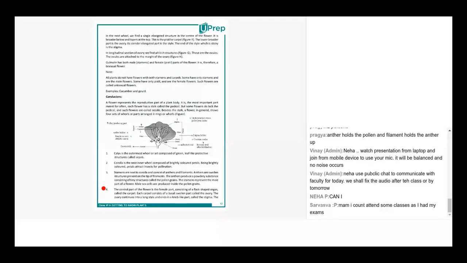Calyx is the outermost whorl or set composed of green leaf-like protective structures, sepals. Right, this is what we studied. So this is the outermost whorl, which is also a protective thing, leaf-like protection, when it is in the form of a bud.